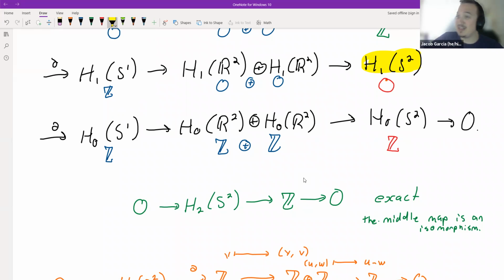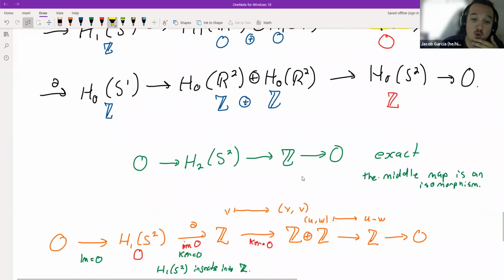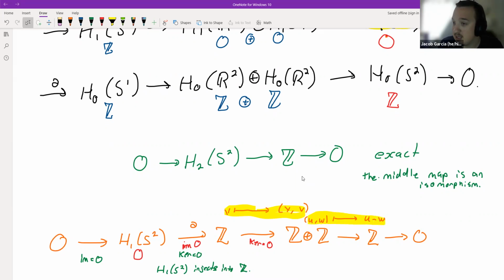Hey, this is injective and this is surjective, so therefore this is an isomorphism, or this is just 0 because it has 2 zeros on either side. This group was the only one where we actually needed to know what these functions down here did. And that happens sometimes in the Mayer-Vietoris sequence.